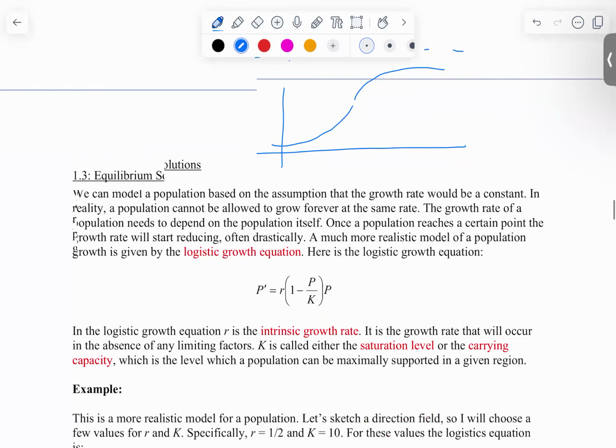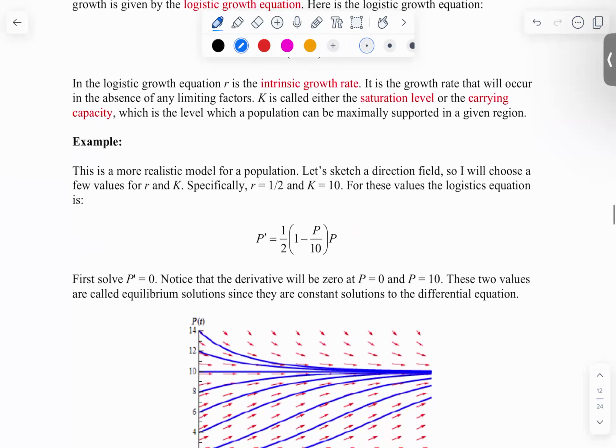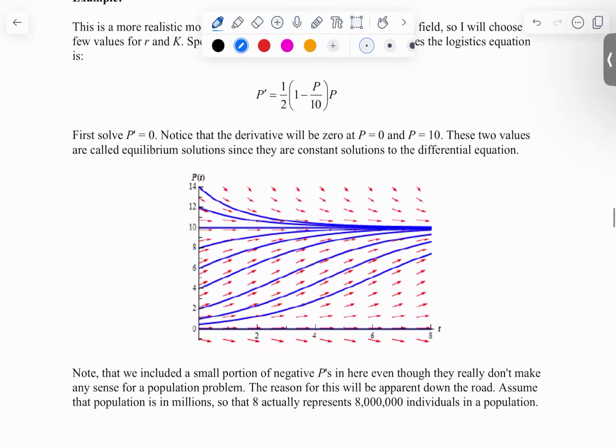Okay. So to look at an example of exactly what we were just talking about, if I throw in some values here, for a saturation level of 10, looking at something like 10 million. What happens when we do the direction field? We have our horizontal asymptote here at 0, and everything will go away.